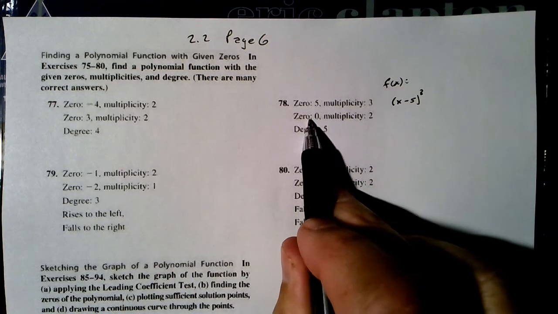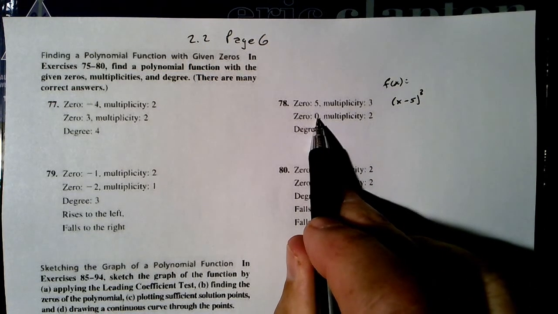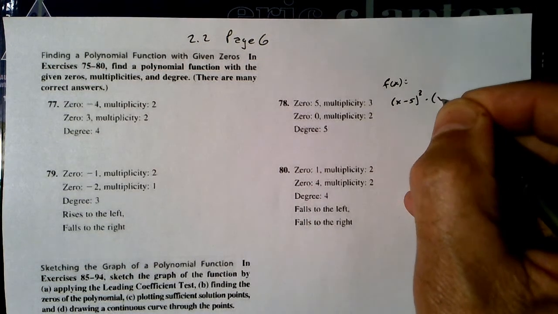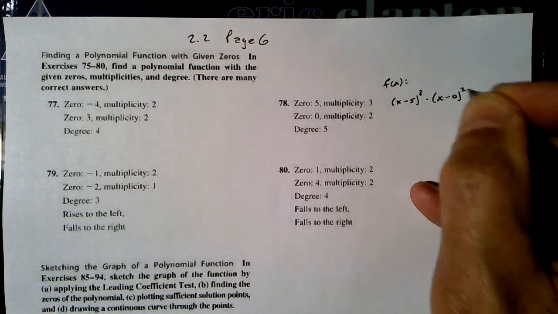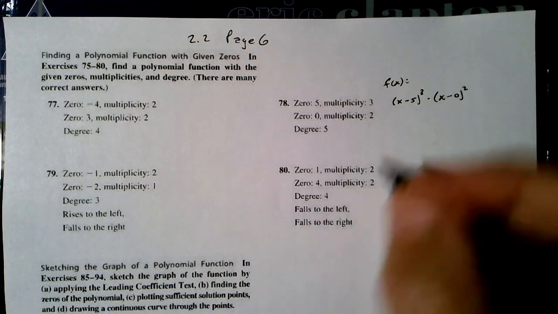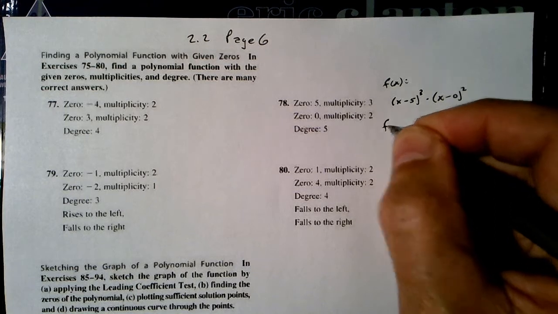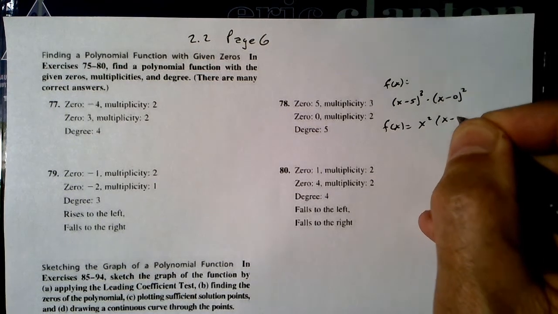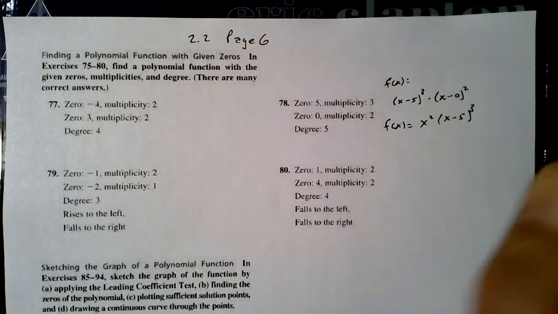And 0 has multiplicity 2, that means we have x minus 0 squared.